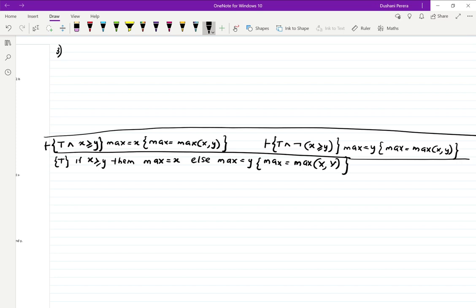Let's simplify this a bit. So we have true and x greater than or equal to y, which means simply x is greater than or equal to y.